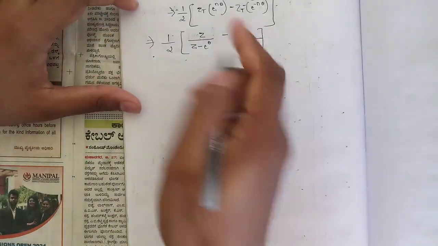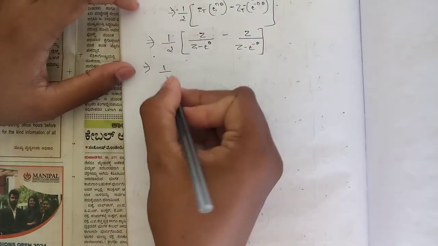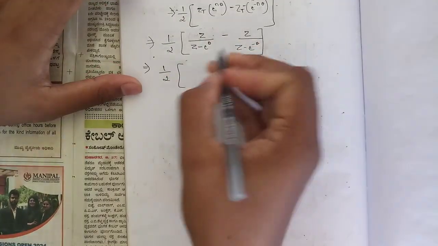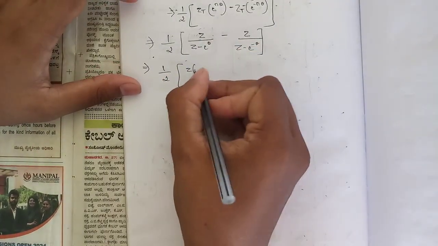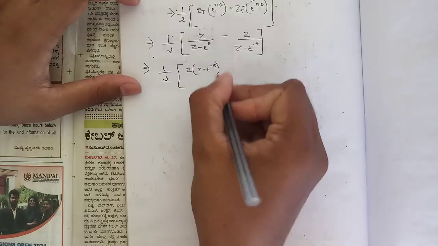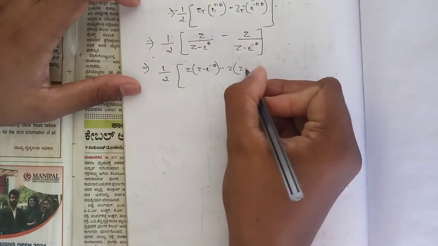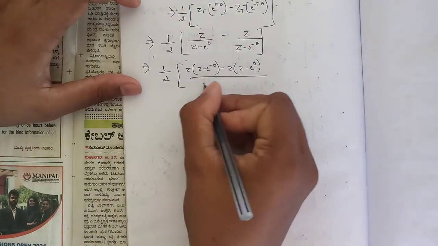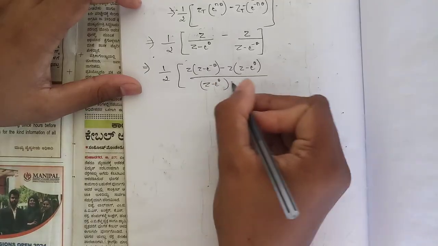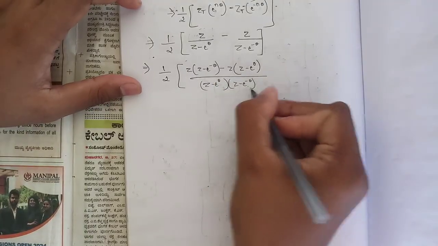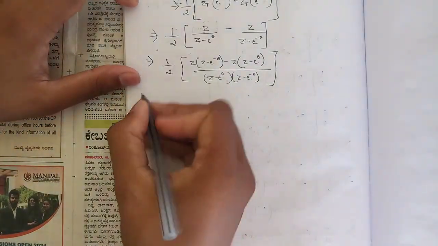So the same thing, we need to simplify this. I'm going to do it quickly now. Cross multiply. z minus e power minus theta minus z, divided by z minus e power theta, z minus e power minus theta.